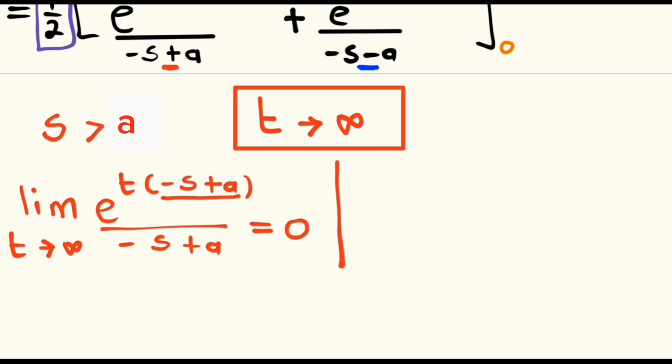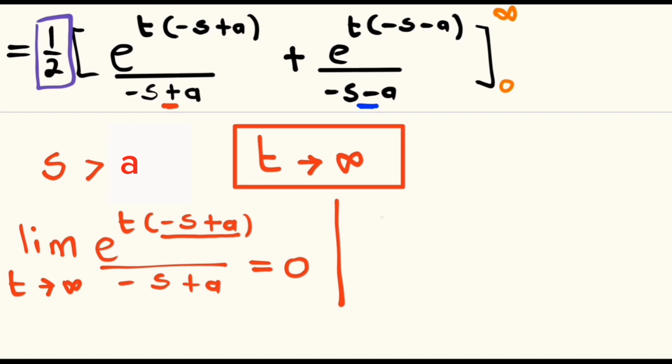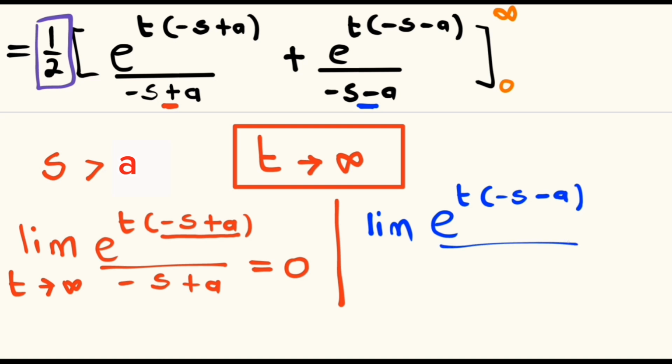On the other side, we evaluate the limit of the second term, e raised to the power t into negative s minus a, divided by negative s minus a, as t approaches infinity.